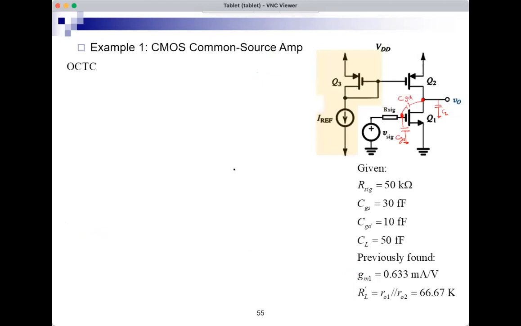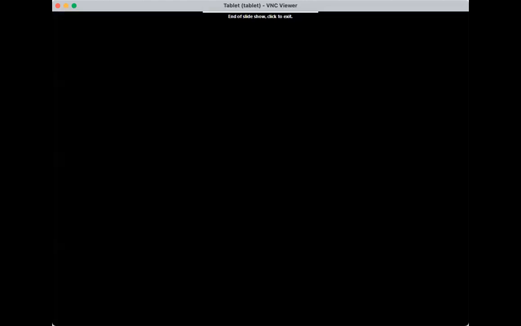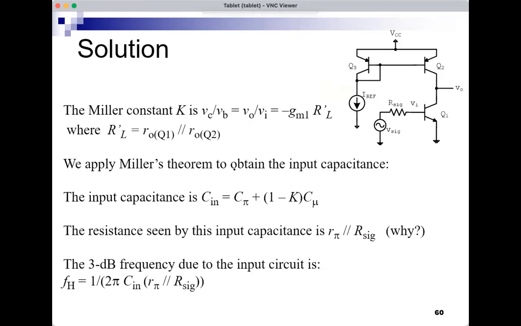The Miller constant, K, in this case, is minus gm1 R prime L. Okay. R prime L is RO1 parallel RO2. We apply Miller's theorem to obtain the input capacitance.